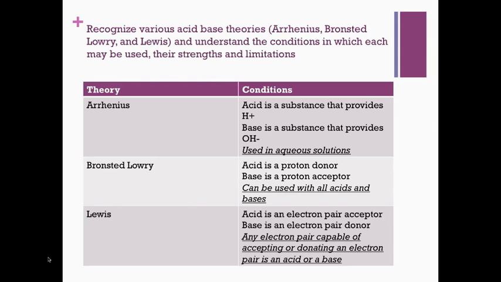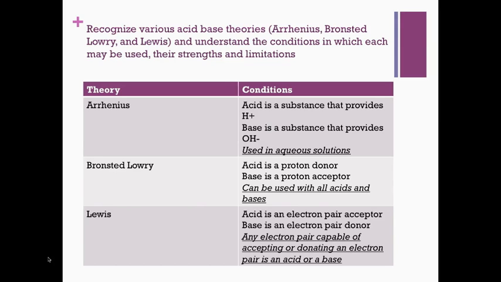An acid is a substance that provides H plus ions. A base is a substance that provides OH minus ions. Arrhenius's theory and definitions work in aqueous solutions, and only where we have acids and bases that have H plus and OH minus.